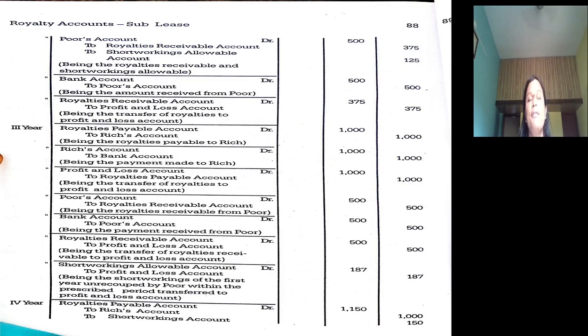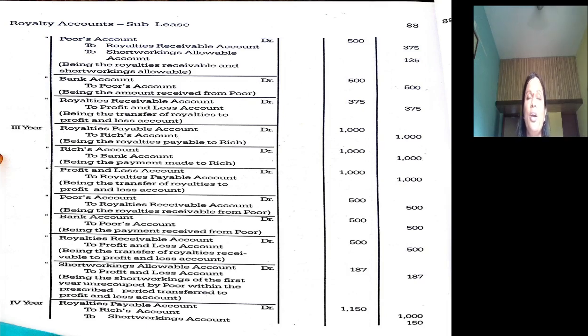When we prepare the short working account, the balance brought down and balance carried down will be carried forward to the fourth year, because during the main lease there is a right to recoup for 4 years. So that's why we are carrying forward and it will not come.